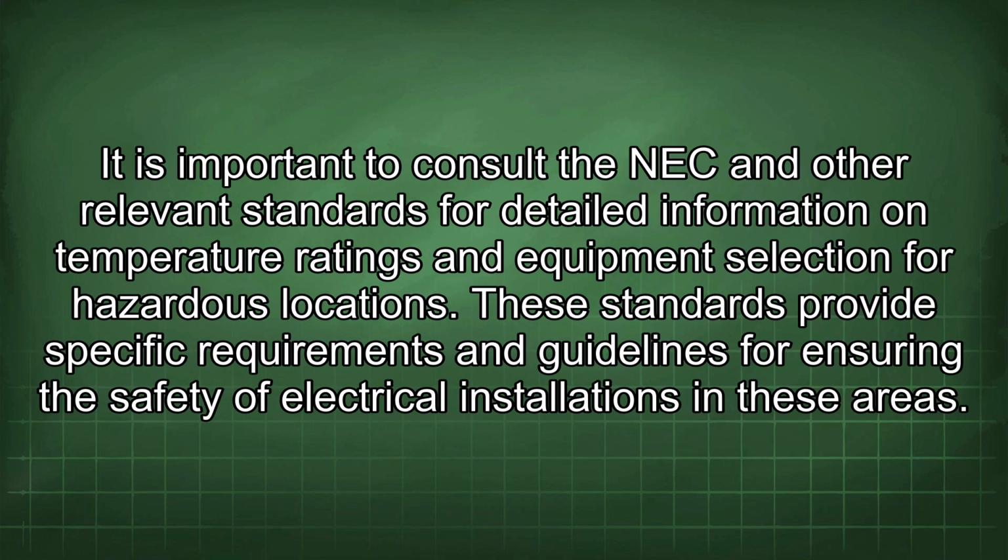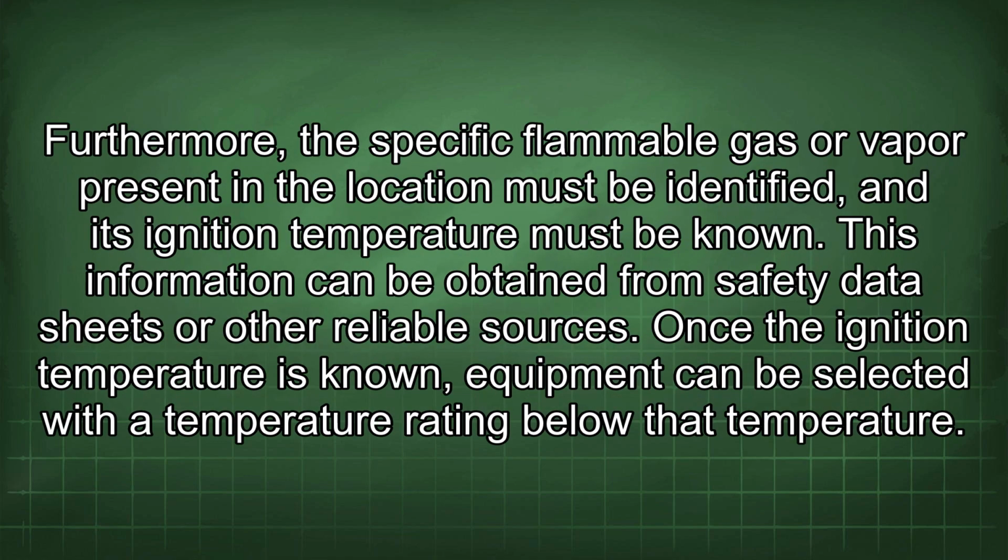It is important to consult the NEC and other relevant standards for detailed information on temperature ratings and equipment selection for hazardous locations. These standards provide specific requirements and guidelines for ensuring the safety of electrical installations in these areas. Furthermore, the specific flammable gas or vapor present in the location must be identified, and its ignition temperature must be known.